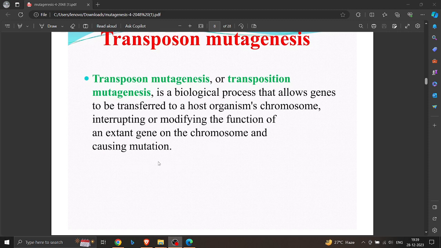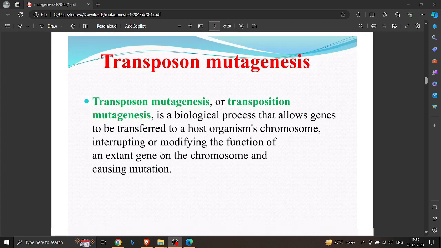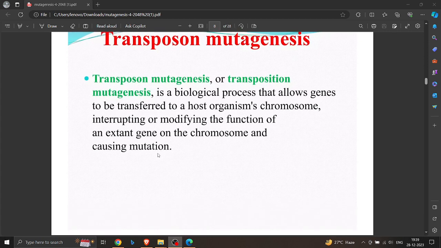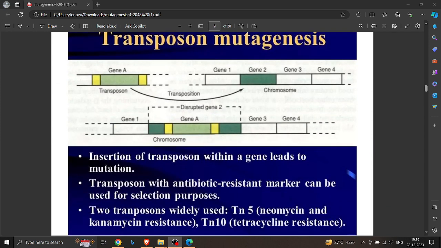Insertion of a transposon within a gene leads to mutation.